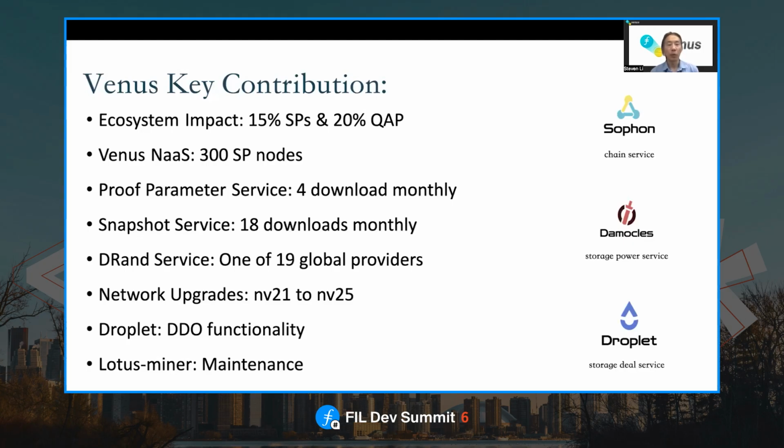Besides this, we are also one of the 19 global providers for DRAND services, supporting Filecoin and other blockchains for low-bias randomness. This is about Venus Hub supporting the ecosystem, and also the Venus SP Stack, which is about the software.